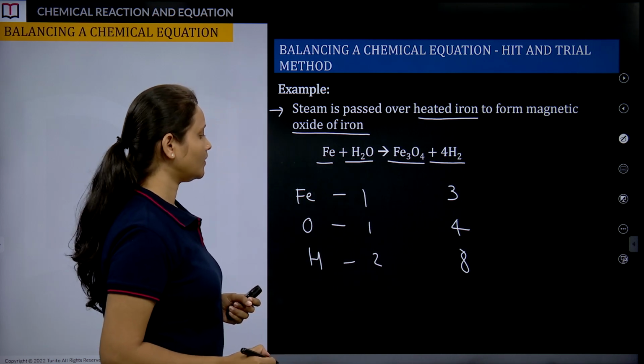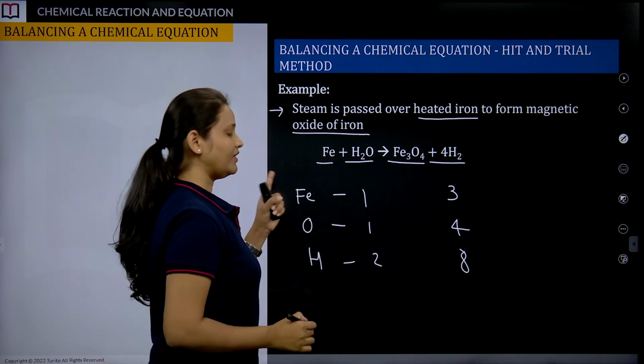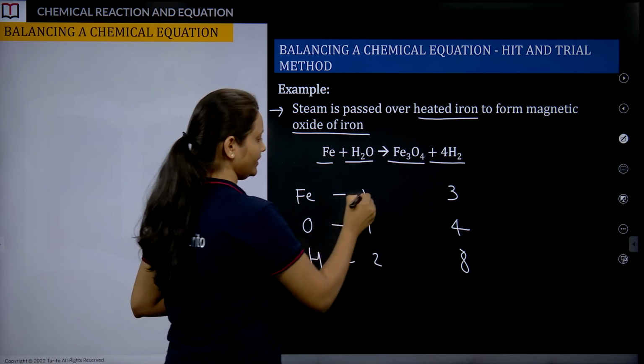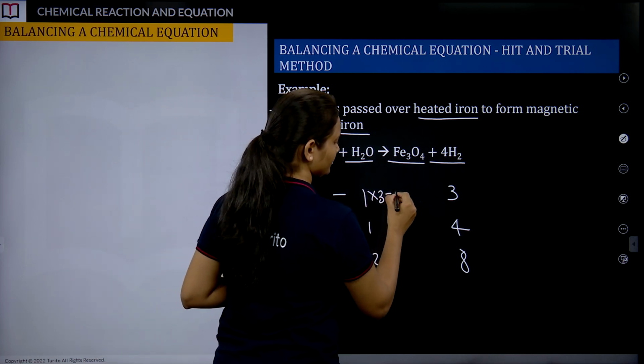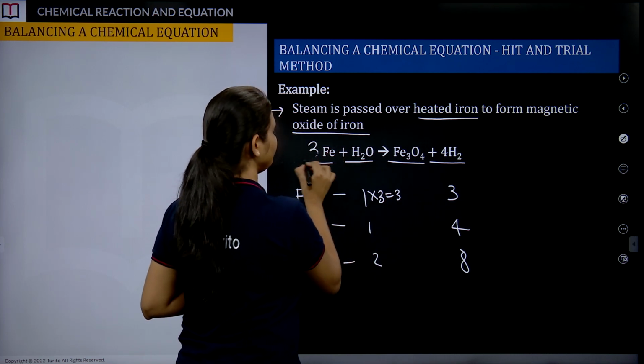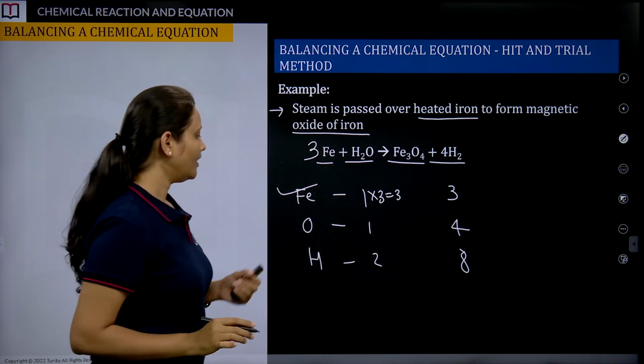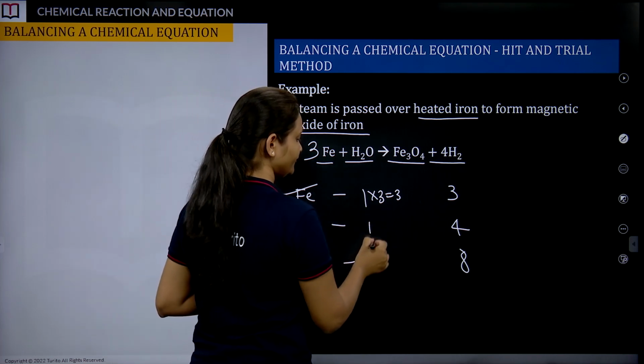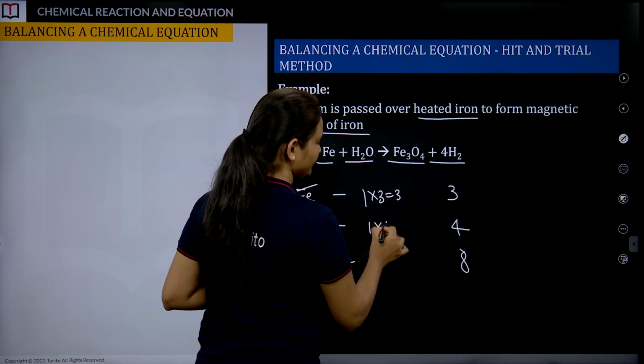Okay, got it? So first thing first, try to balance iron. 1 into 3 is going to give me 3, so I'll be adding 3. So Fe is balanced now. Moving ahead, if I want to balance oxygen, what I will have to do? Just multiply it with 4.